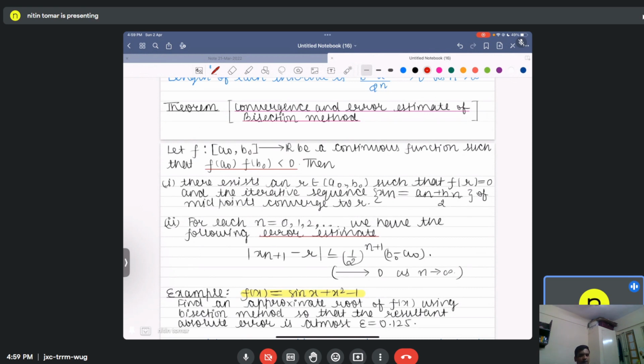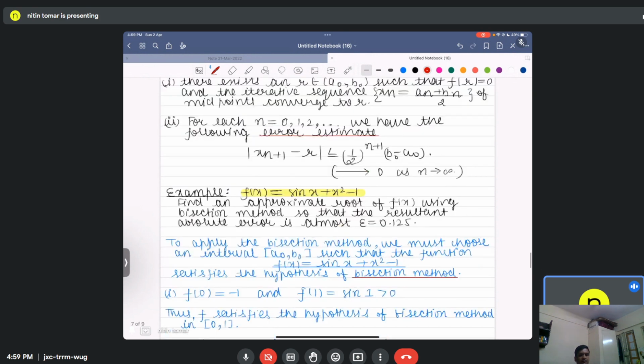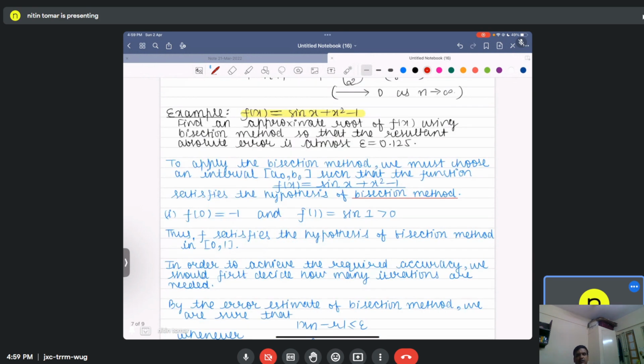Okay, we have seen this, and the last example that we discussed is how to apply the bisection method in a crude sense. We took the example of f(x) equal to sin x plus x square minus 1. We found 3 iterations, chosen so that the resultant absolute error is at most epsilon equal to 0.125.